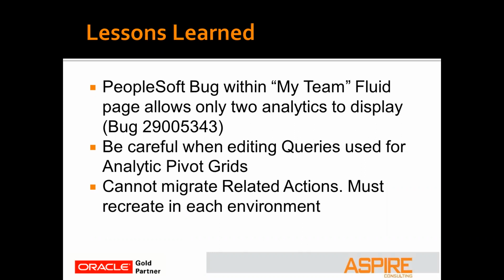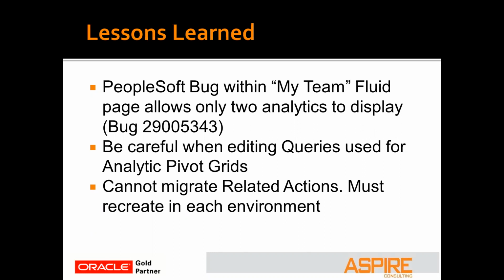Tweaking criteria is usually somewhat safe. It's more around if you are changing the structure of tables and greatly changing the fields that may have already existed. You're probably going to cause problems for people. So my advice is that as you're working on your analytics, make sure that your queries and pivot grids are well defined, have everything you need in them before you start publishing them, because you could be causing problems for the managers using their analytics.